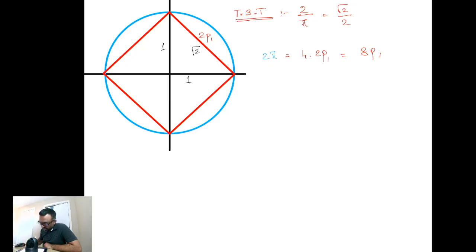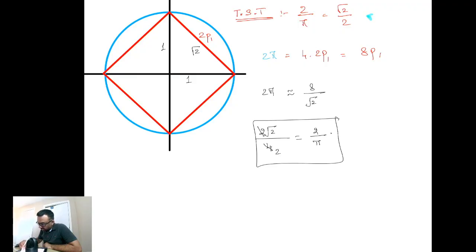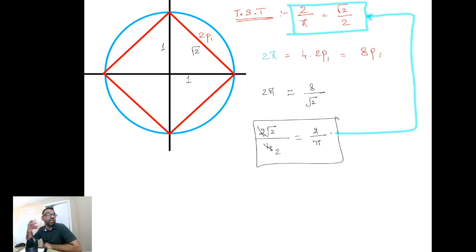So we have the first approximation to be equal to 8 times 1 over root 2. Or if I rewrite this a little better, I get 2 times root 2 divided by 4 should be equal to 2 by pi. Correct? So if I cancel this off, what I get is what we started off. This is our first term only approximation to the Viète formula. So that's basically where we stand at the first point.